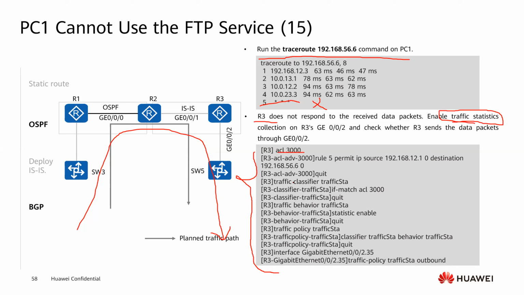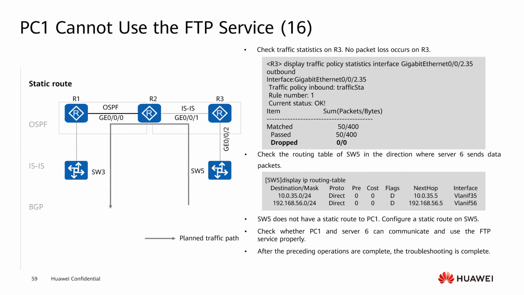Create an ACL, a classifier, a behavior, and a traffic policy, and apply the traffic policy on the interface. We find that dropped is 0, and passed. That means R3 has sent the packet to SW5.